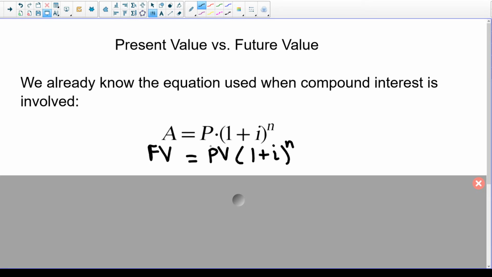But all I'm trying to get you to see here is that it's the exact same formula with just new words basically used to represent the final amount and the principal. All right. So if you ever hear the word present value, the present value is just what would be the principal of the loan that you would invest today to end up with a certain amount at the end. Okay. And like I said, when we get into the actual examples, this probably will start to make a lot more sense.